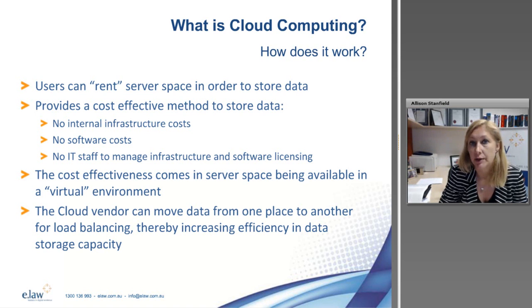So cloud providers essentially offer that terabyte, for example, but they will chop that up into various sizes on the hard drive. So you'll have various what they call virtual computers on the one server, which means it can now rent out that server to a number of different users and maximise the space on the server.